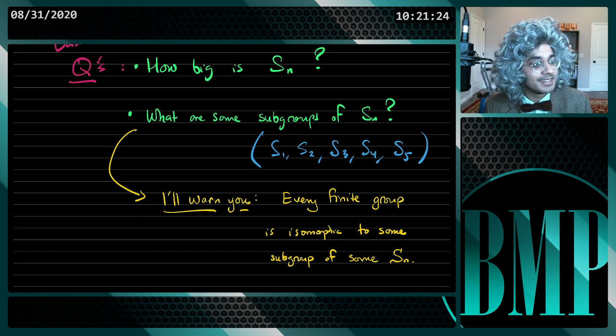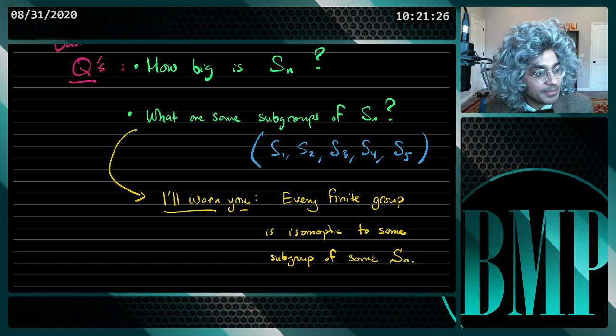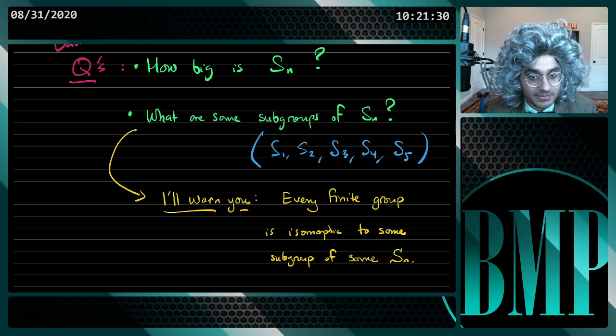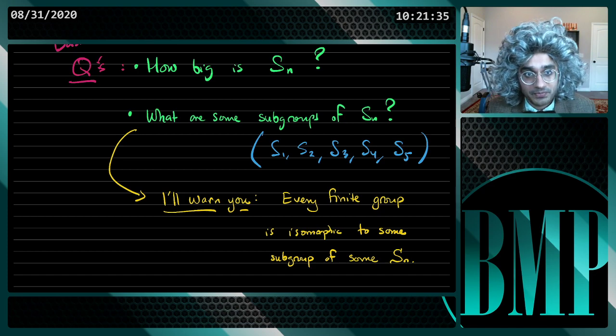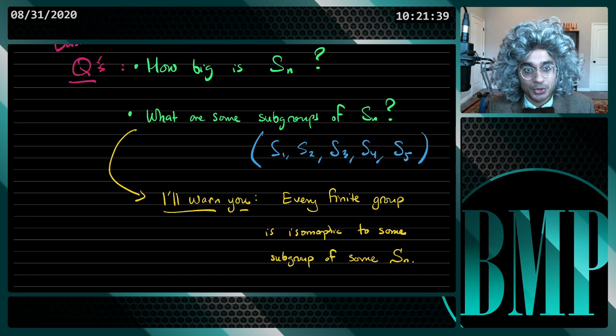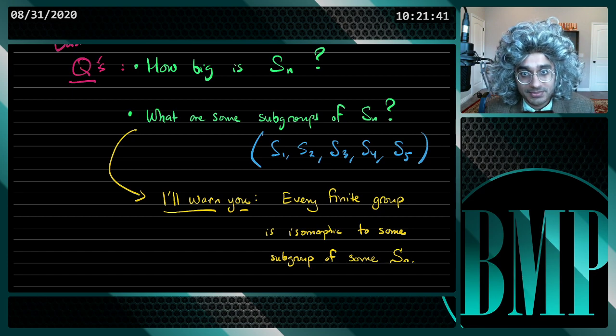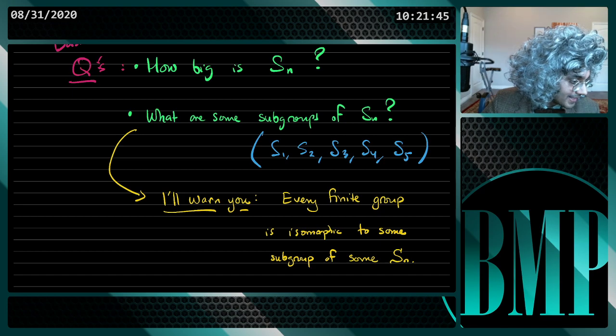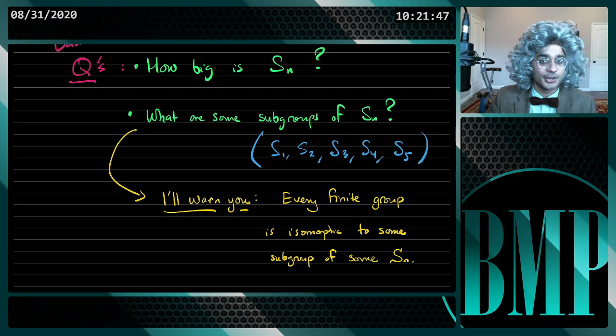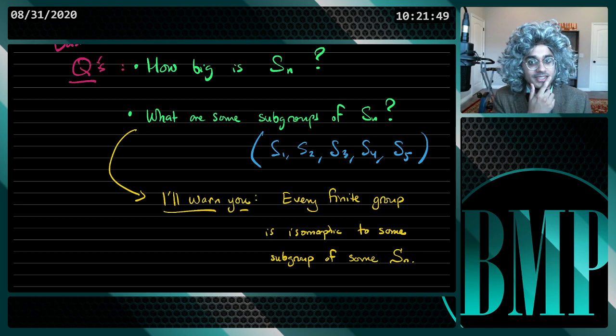And there's an identity function on every set with the same rule. The same rule works. So S0 actually has one element, the trivial one.